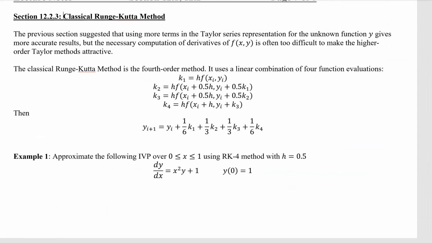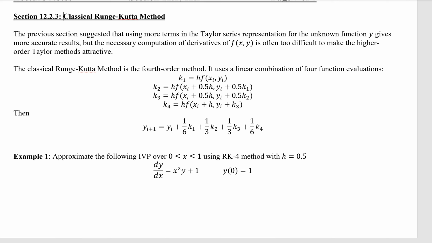First, let k1 be h times f of xi, yi. And then k2 is h times f of xi plus 0.5h and yi plus 0.5 k1. k3 equals h times f of xi plus 0.5h, yi plus 0.5 k2. k4 is h times f of xi plus h, yi plus k3.